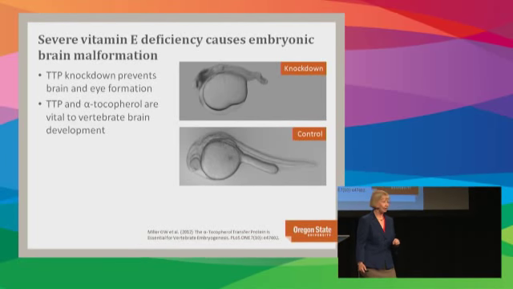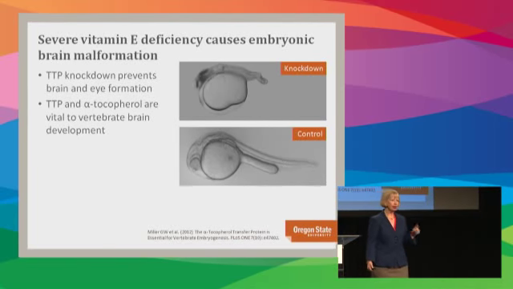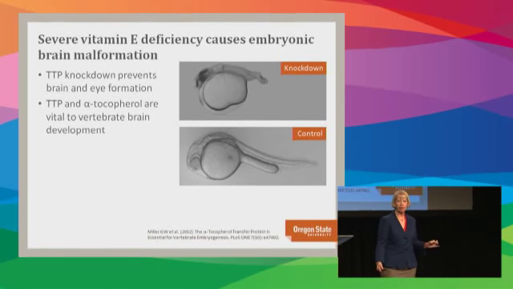Bad news. You end up with a zebrafish where the brain doesn't develop, the eye doesn't develop. And this happens at about 12 to 15 hours. I wasn't brave enough to show movies to you guys, but if you want to see the movies of this, go to PLOS ONE. It's online. You can see the developing animal.